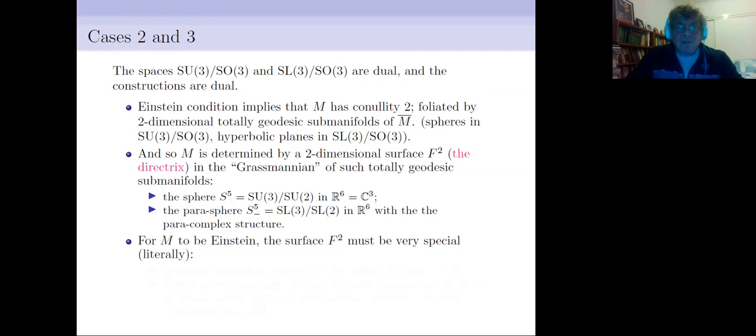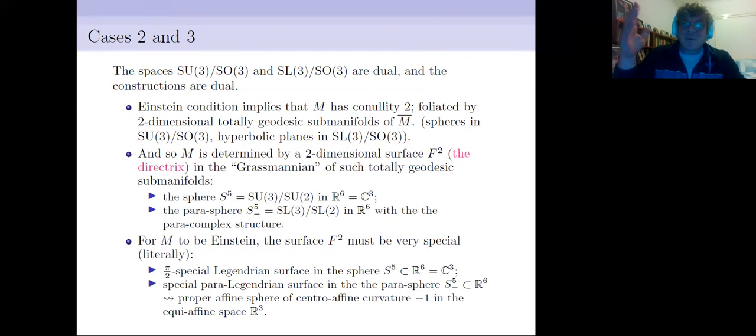And it turns out that these 2-dimensional surfaces are very well known, and famous. So in the compact case, we have so-called pi-on-2 special Legendrian surfaces in our sphere S5, in R6, which is like C3, which is R6 with a complex structure. And in the non-compact case, we have so-called special paralegendrian surfaces in the parasphere, which correspond to proper affine spheres in the space R3.